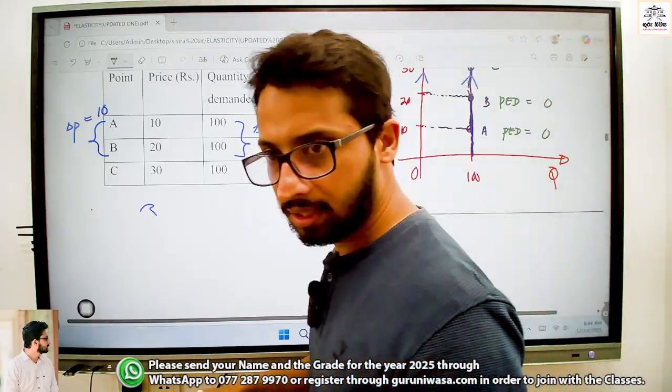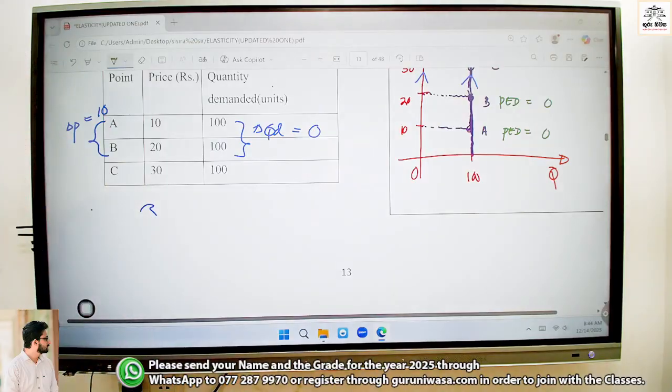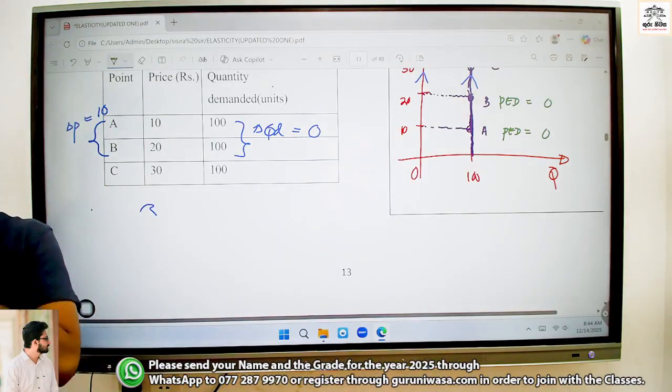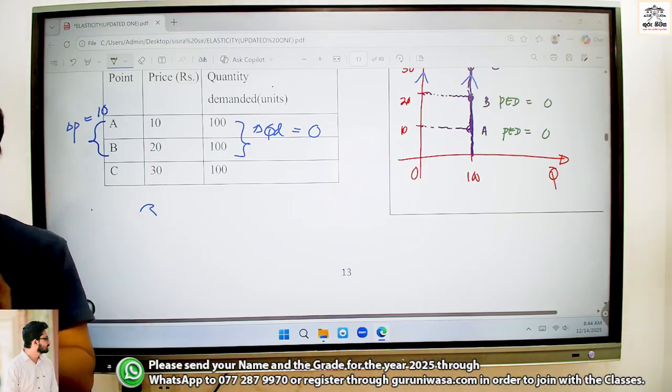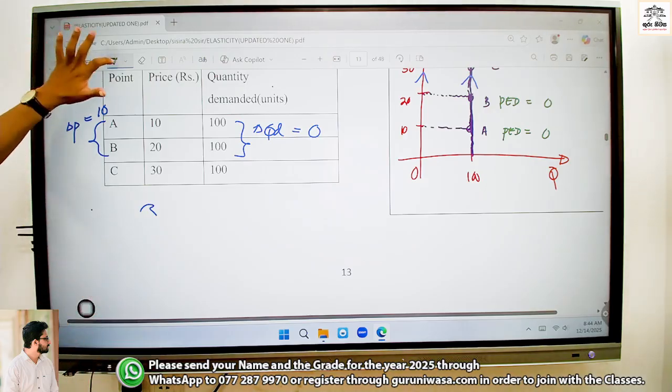At point C: 0, it does not change. In other demand curves, not like this, elastic or inelastic, the PED value changes from point to point. Right.